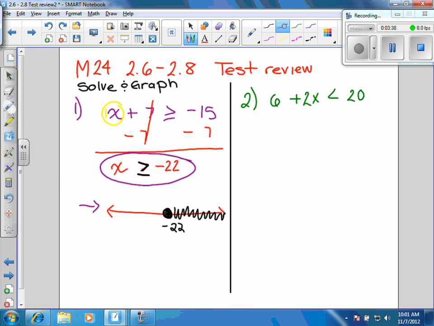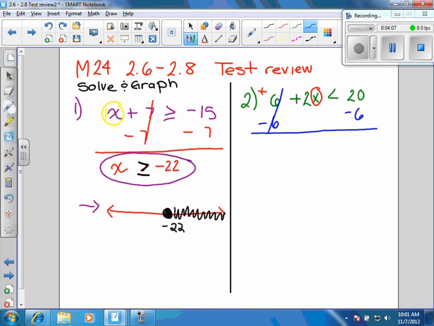I'm pretty comfortable that everybody knows that they have to move the 6, but what I'm not comfortable with is I know that people don't have 100% comfort of whether or not to add or subtract that 6. So think of this as a positive 6. So you have to subtract it because the opposite would be a negative 6, and think of that as a subtract.